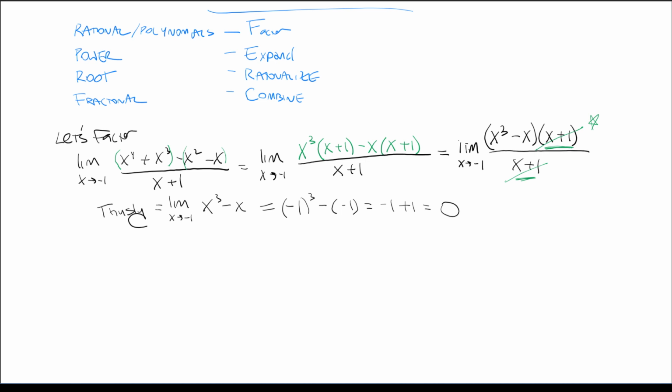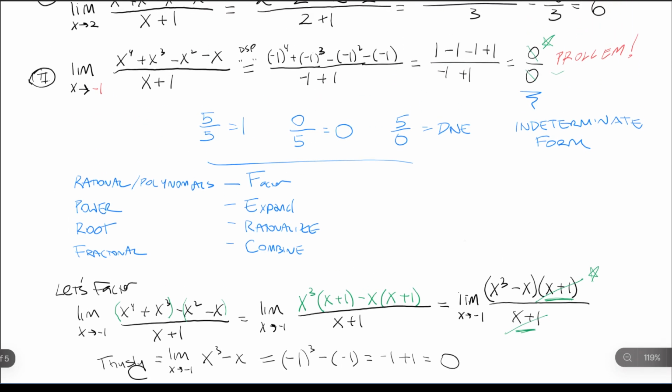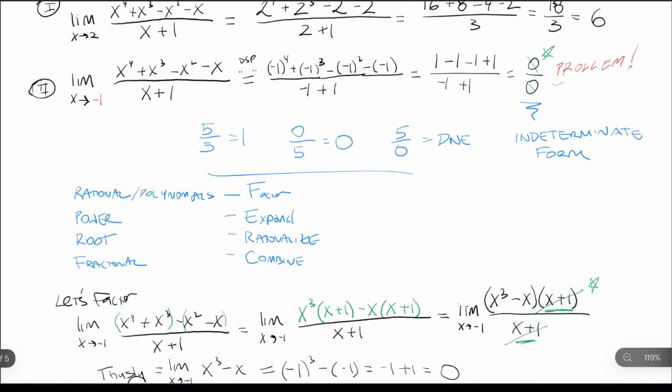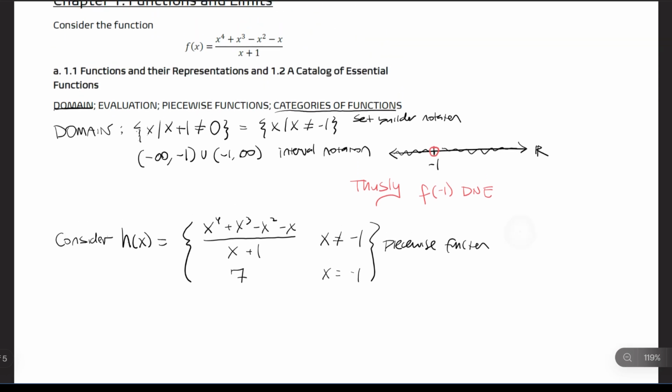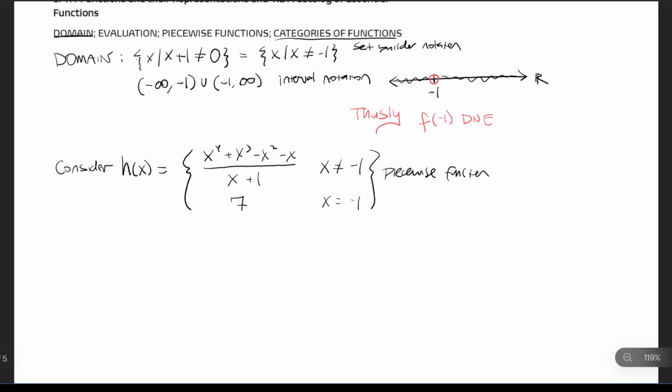All right, so in an interesting way, there's a sense in which the function we started with, this rational function over here, is somehow equivalent to this function everywhere except at -1. Remember when we expressed it as a piecewise function up here, we introduced this 7 value.